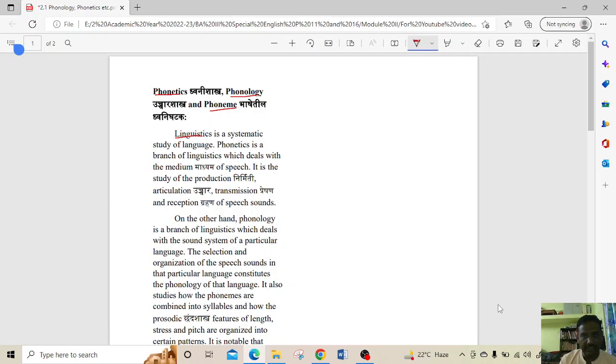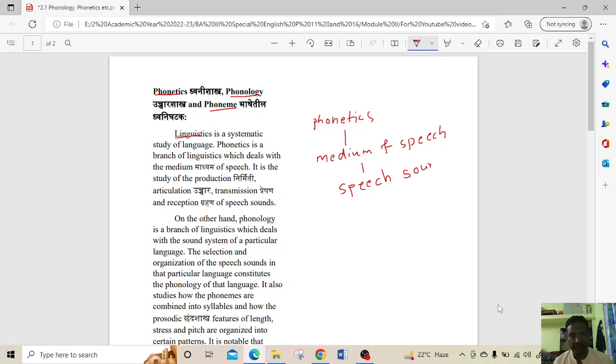And this phonetics deals with the medium of speech. Medium of speech means speech sounds. With the help of these speech sounds, we make speech.